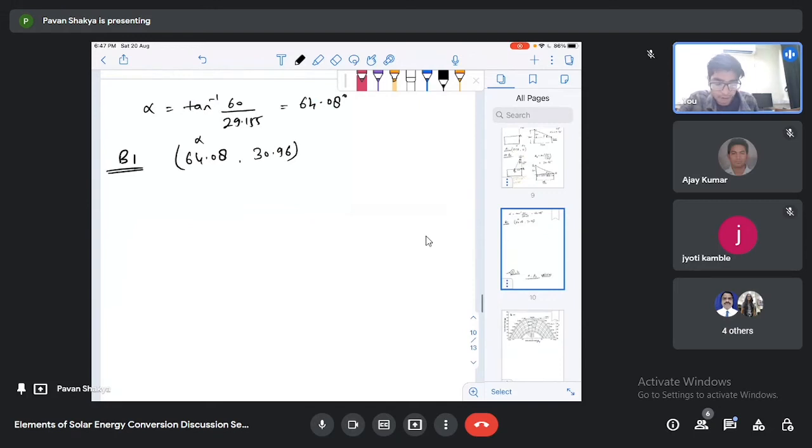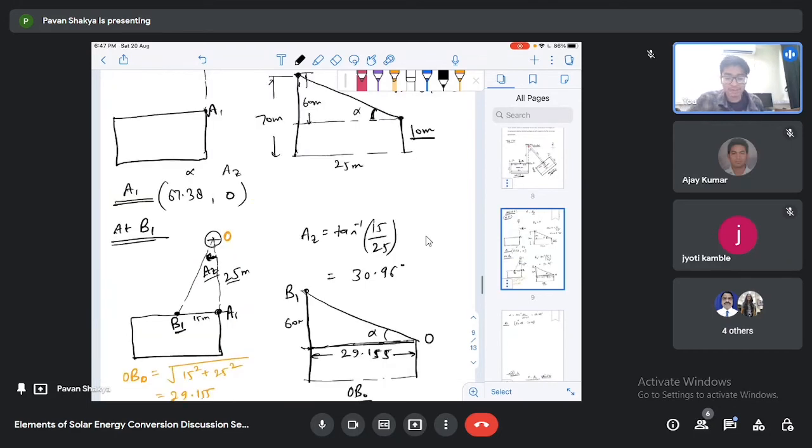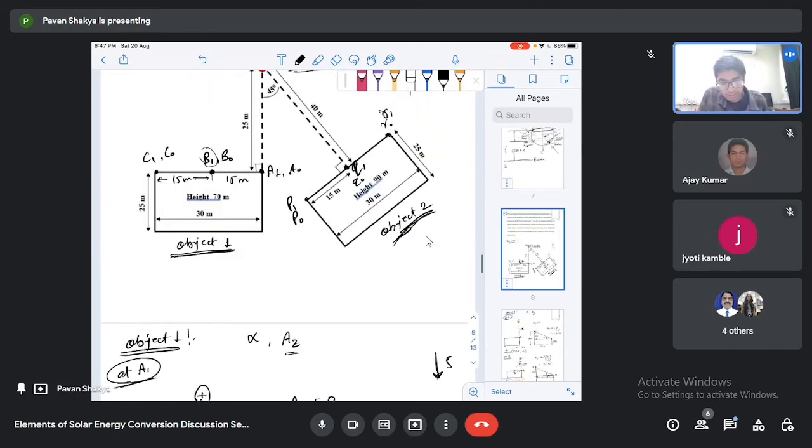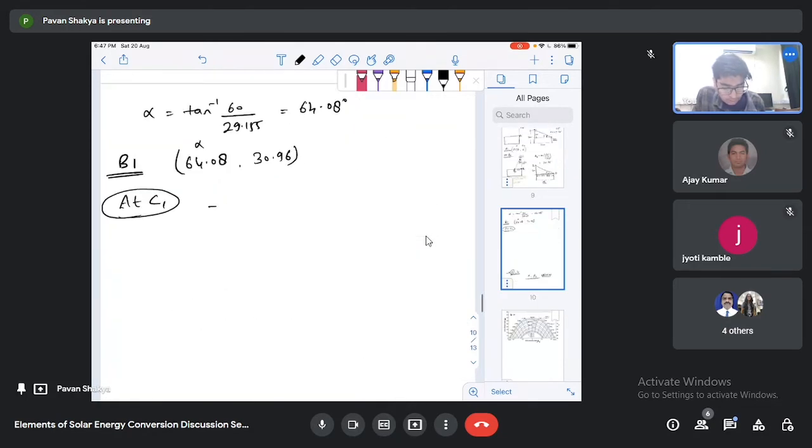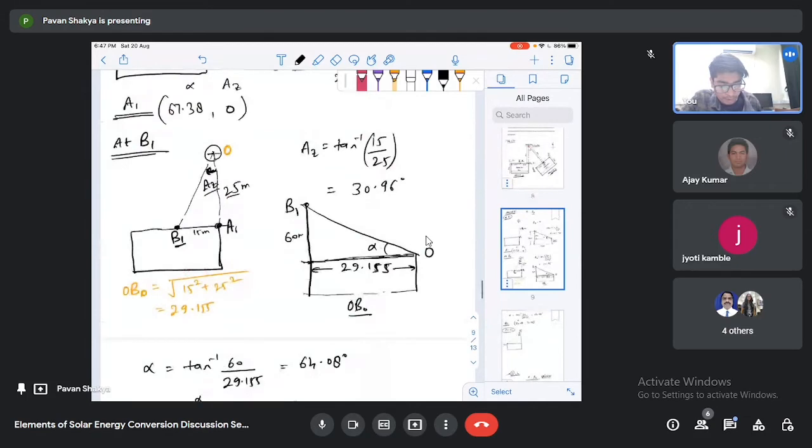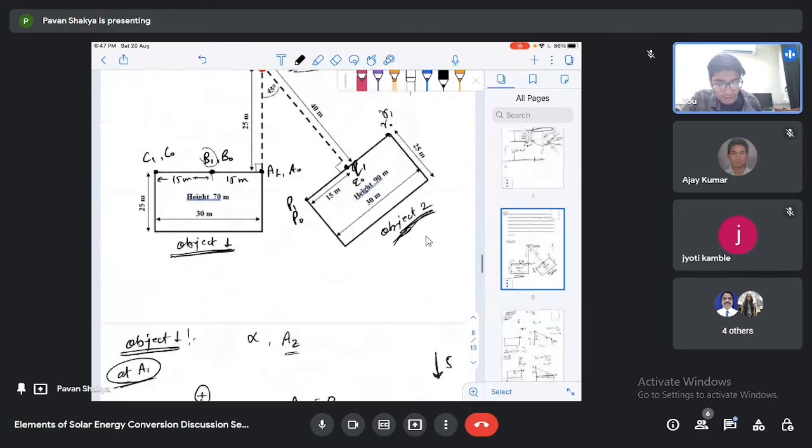Okay. Now for point C1, that is the most left of this building. So I will draw the figure. This one is our C1. This one will be the azimuth angle for this point C1. This one is given in the problem directly as 30 meter.